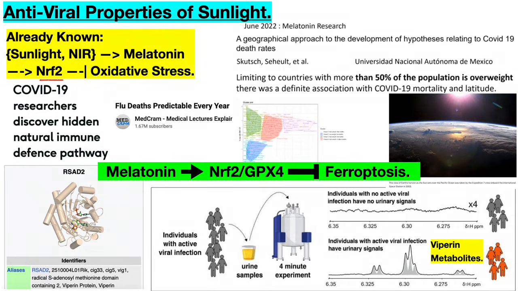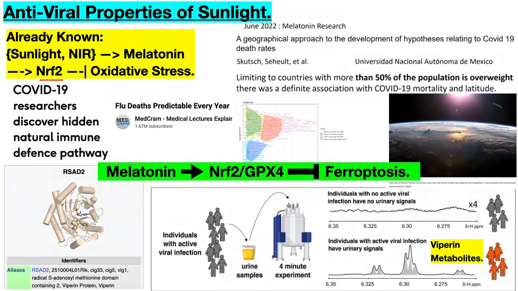Melatonin, through this cascade of events, upregulating this key anti-oxidation enzyme, is able to suppress ferroptosis. And ferroptosis has now been linked to pathogenesis in many microbial infections, including viral infections. It's also a driver of cell death in neurodegenerative disorders such as Alzheimer's, multiple sclerosis, and ALS. It's also a component of long COVID.